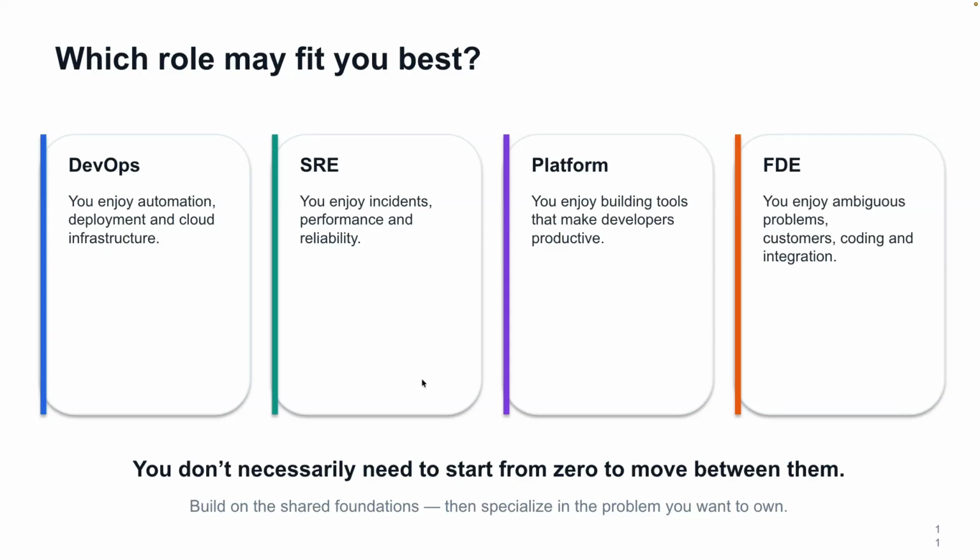An SRE may investigate why this Kubernetes application is violating its latency SLO. A platform engineer may build a self-service platform that lets 100 teams deploy Kubernetes applications without understanding all the underlying infrastructure. A forward deployed engineer may take the same platform into a customer environment and solve all the integration problems required to get it working.